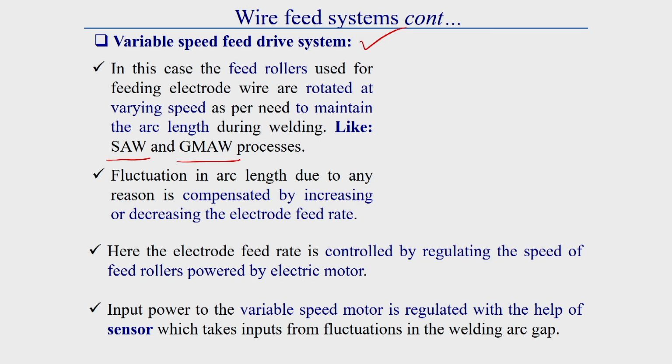So, this is how the variable speed power drive looks like. This is the feed roller. This feeds the consumable electrode.